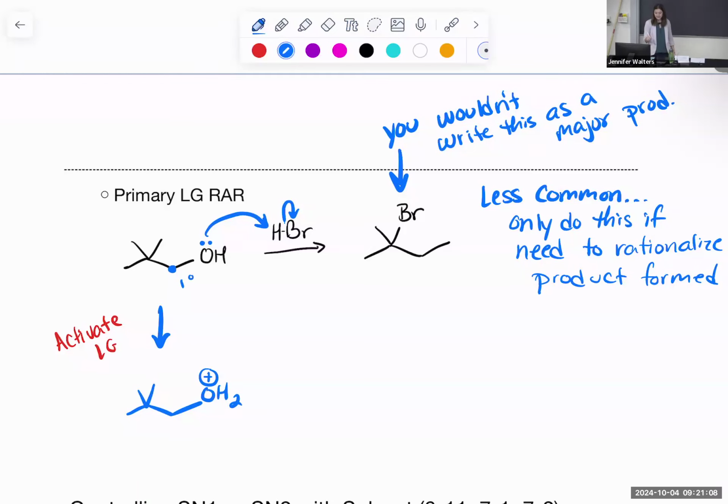And remember, since this is acid-base, you need to have that equilibrium arrow on this step. Bronsted acid-base equals you need equilibrium.